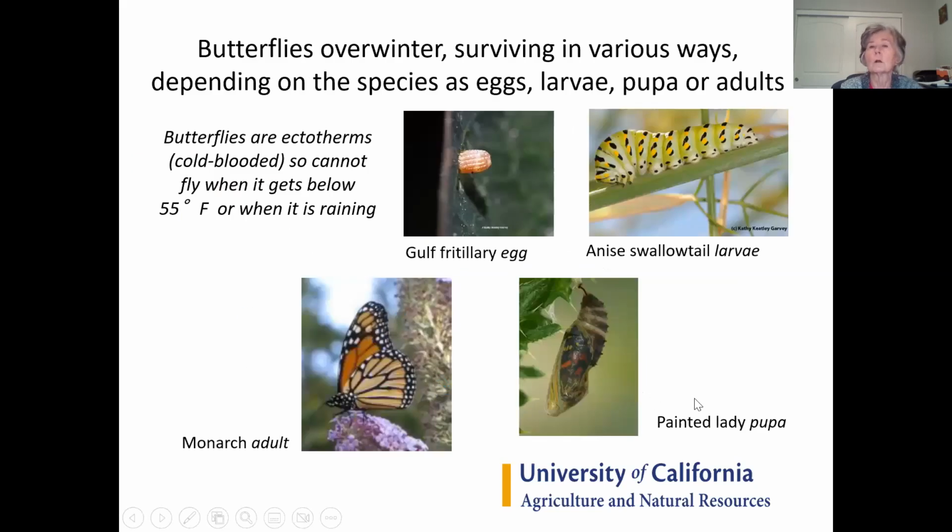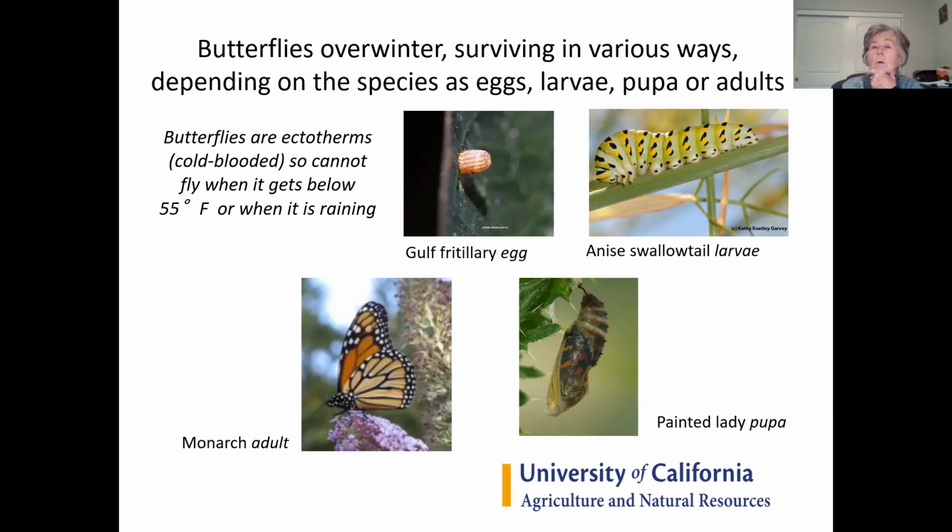Butterflies overwinter, surviving in various ways depending upon the species, as egg, larva, pupa, or adult. And butterflies are ectotherms, which means they're cold-blooded, so they cannot fly when it gets below 55 degrees Fahrenheit or when it is raining.